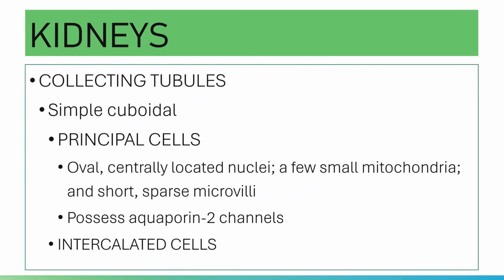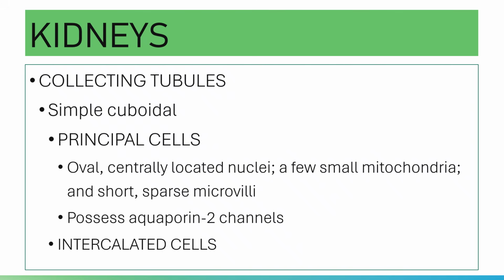Your principal cells possess numerous aquaporin 2 channels. These aquaporin 2 channels are very sensitive to antidiuretic hormone, or your arginine vasopressin.